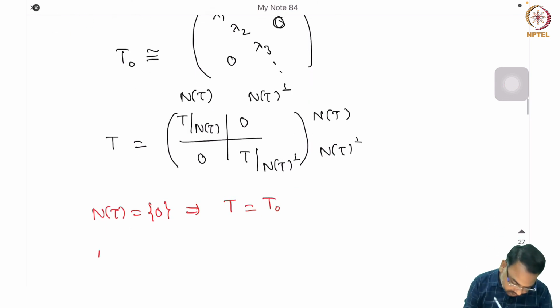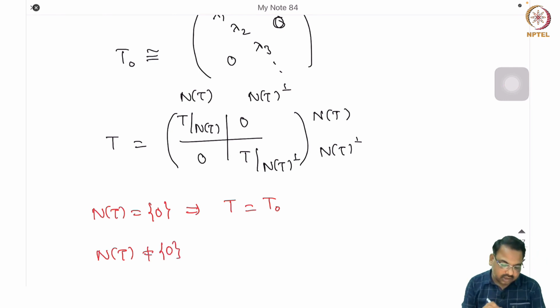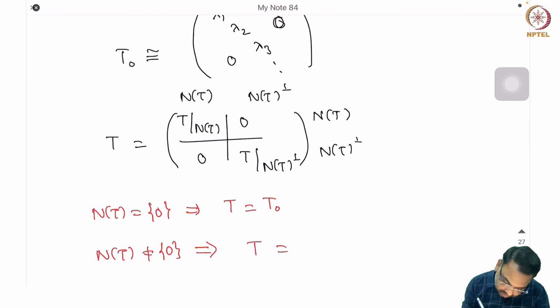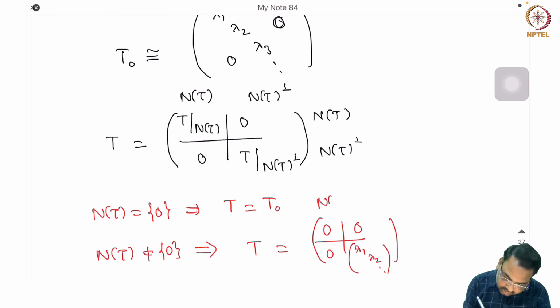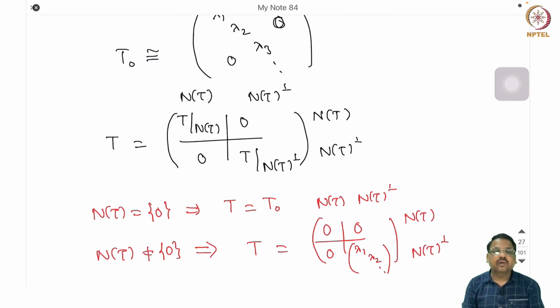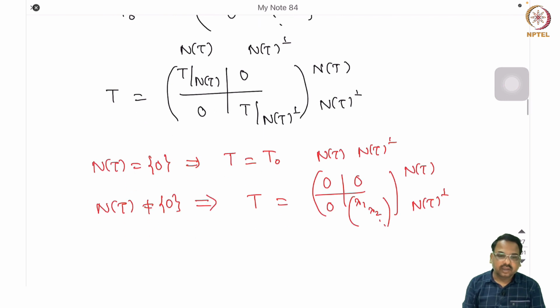If the null space of T is non-zero, in the earlier case we know that it is represented by a diagonal matrix with diagonal entries lambda_1, lambda_2, lambda_3, and so on. In the latter case, when the null space of T is non-zero, we can say that T is nothing but 0, 0, 0, and here it is lambda_1, lambda_2, so we get a diagonal matrix here. So this is the null space of T, the null space of T perp. On the whole, we can conclude that T is diagonalizable.